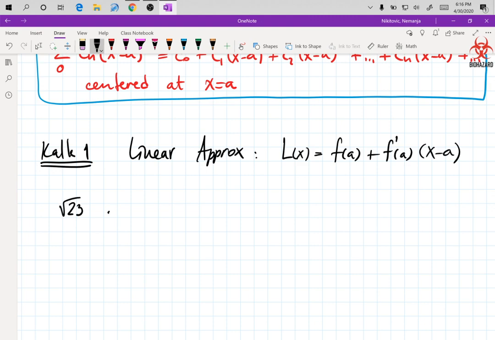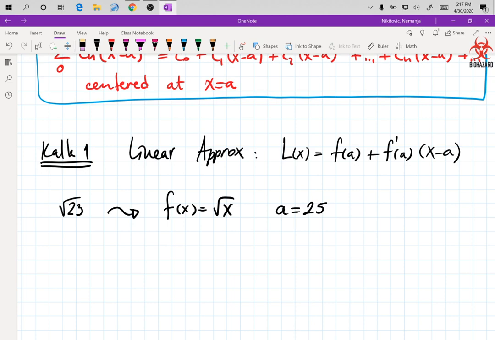Square root of 23 has as a function f of x equals square root of x, and it has as its a the value 25, because that is the value that you can easily compute in this function. So your a is always the closest value that you would be able to compute without a calculator. Think of it that way.